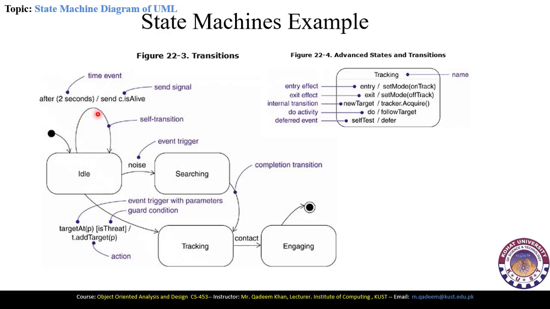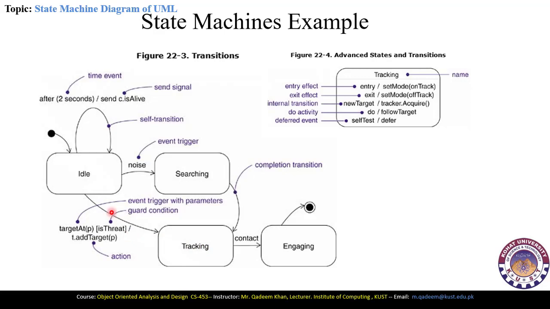It will remain in the idle state until it has been triggered or interacted with. After interaction, if there is noise, then the target will be searched. In the searching state, the system will search for the target, because due to certain noise there is no clear target, so the searching state will be called here. It is in fact a target tracking system. Now, if there is no noise, then tracking will be called directly here.